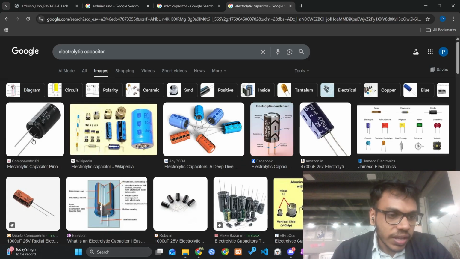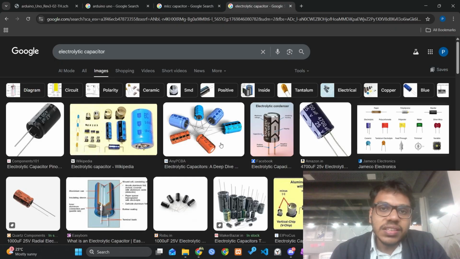We'll connect the longer leg to the higher potential and the shorter leg to the lower potential. In this electrolytic capacitor, the polarity of the component will matter. It's a polar component, so you cannot connect it in reverse.